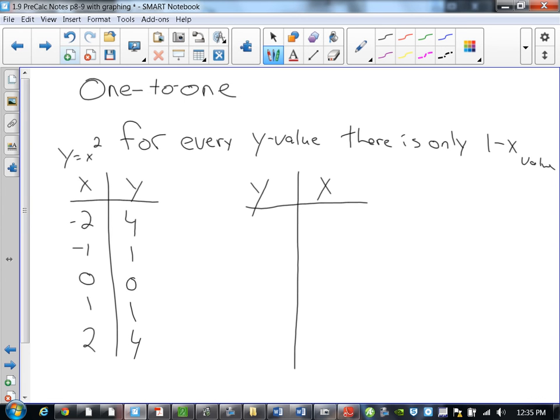There's going to be a real nice, easy test to do this, and this is how it works. If we take the values of the y column and make them x's, remember how A to B, B to A?